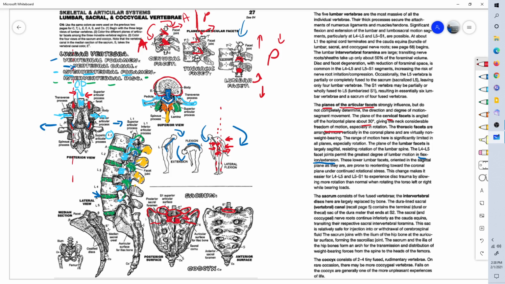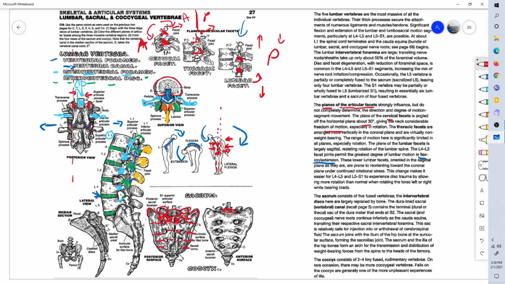The pedicle would have been right here. And so you can see how this used to be a vertebra segment. And here would have been S2, S3, S4, and S5.